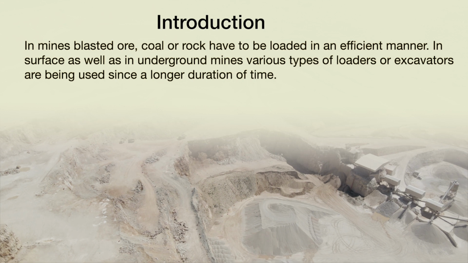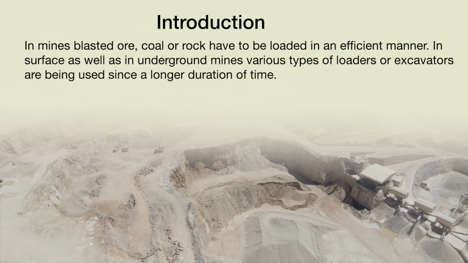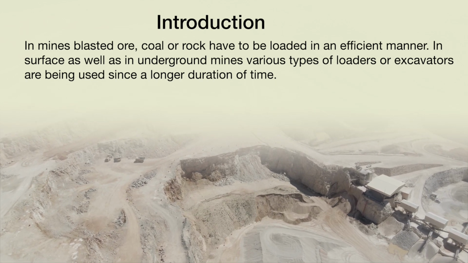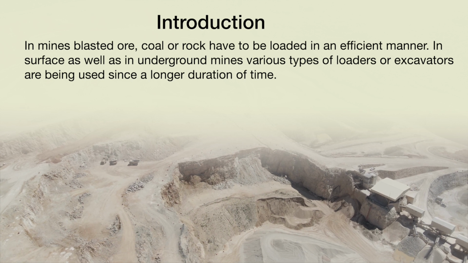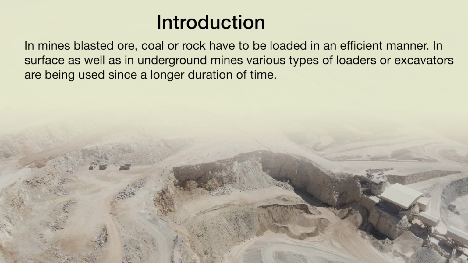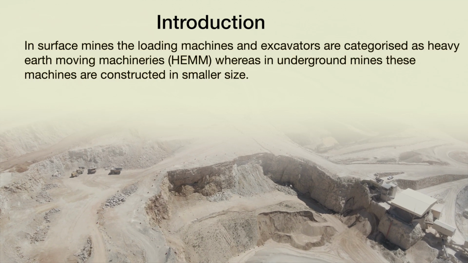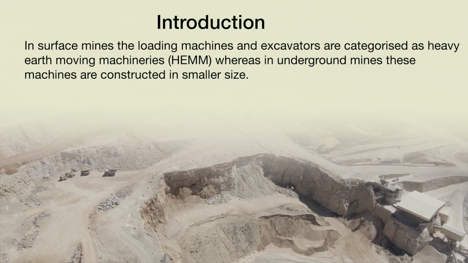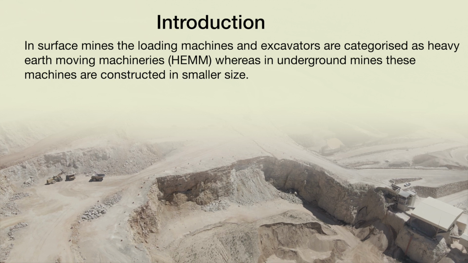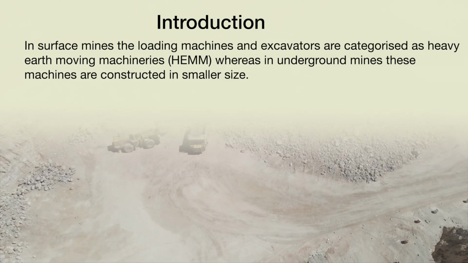In mines, blasted ore, coal or rock have to be loaded in an efficient manner in surface as well as in underground mines. Various types of loaders or excavators have been used for a long duration of time. In surface mines, the loading machines and excavators are categorized as heavy earth moving machinery, called HEMM.